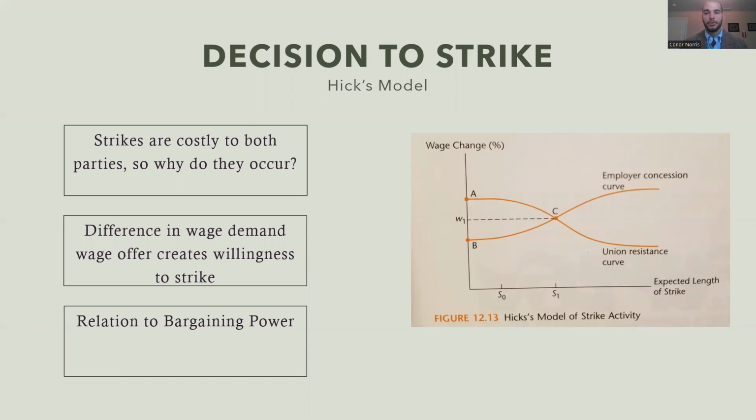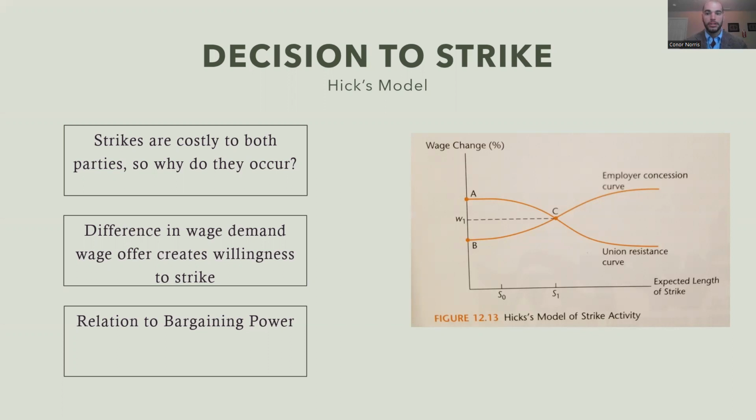We can see the same thing going on in reverse for the management, the employer concession curve. The wage they're going to offer starts low, and it slowly increases over time as the strike drags on and on. So using this model, as we see in figure 12.3 on the slide, we would expect the strike to last until time S1.